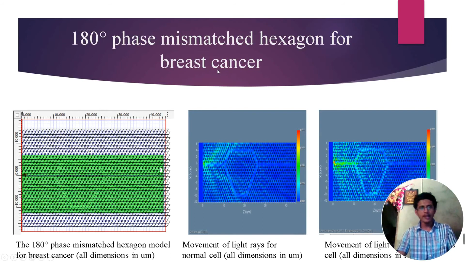Then let's move to the 180-degree phase mismatched hexagon for breast cancer. Here also we did the same simulation for the 180-degree phase mismatched structure. This is the result of the movement of the light rays for the normal cell, and this is for the cancerous cells.